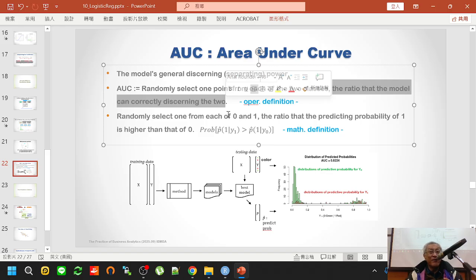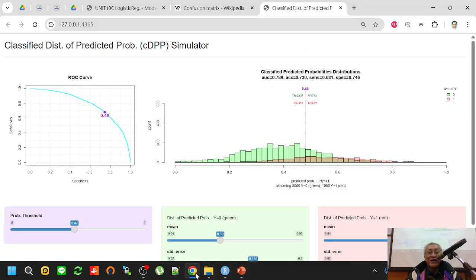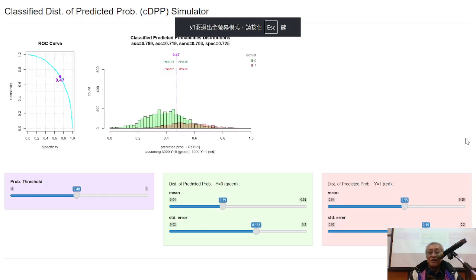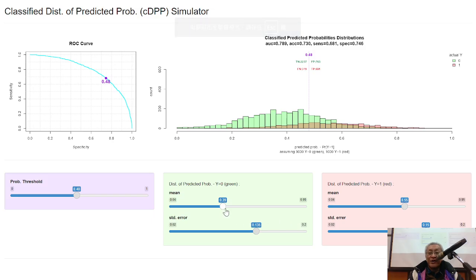If you have a very, very good model, so let's go back here, maybe you can make a model like this.